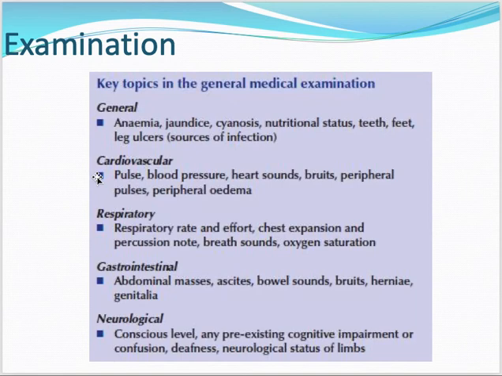You know what physical examination is, and you can see over here nothing different is written. These are just some key points talking about different systems and the important things to see in those systems from a surgical point of view. For example, in GIT, you look for abdominal masses, scars, bowel sounds, bruits, hernias, and genitalia.